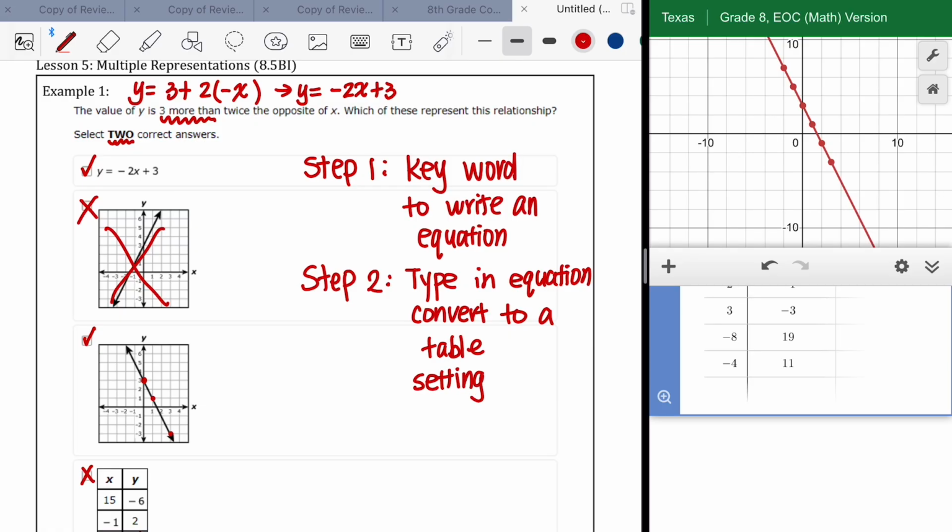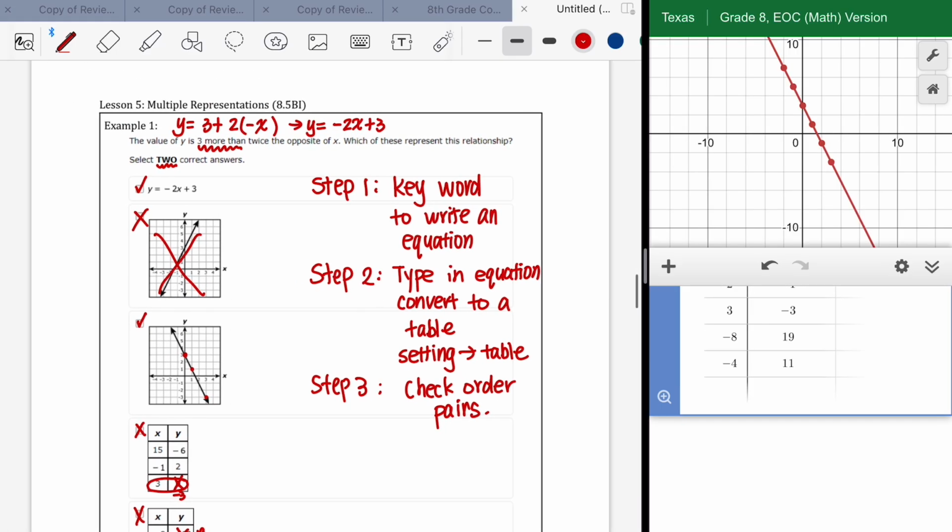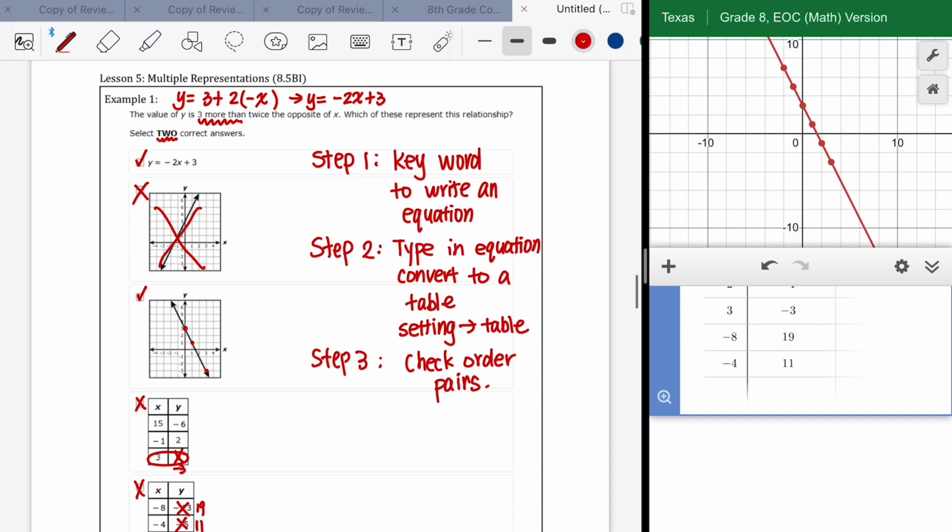Setting, table, and then check ordered pairs. I'll put it as step 3 to check ordered pairs because you do need that extra step to type in the potential answer choices they give you. But yeah, this is very easy.